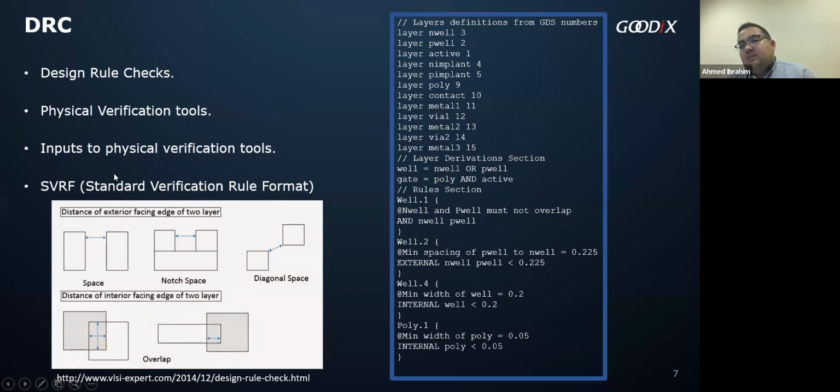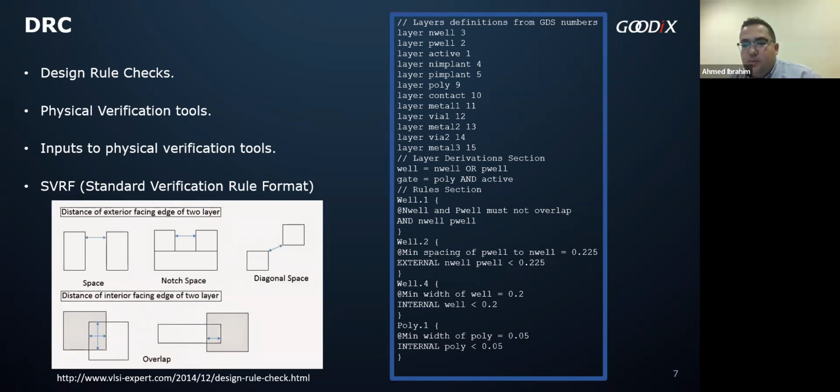The checks will be implemented, of course, by a tool. So here comes the role of physical verification tools. Mostly known, of course, is Calibre. Also ICV from Synopsys is a physical verification tool, and we have from Cadence, Assura and PVS.